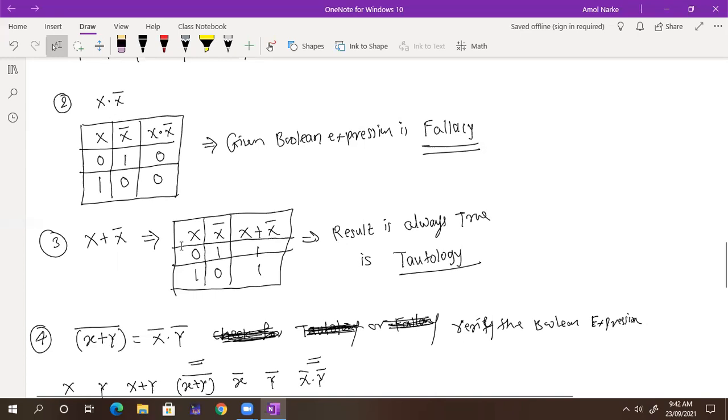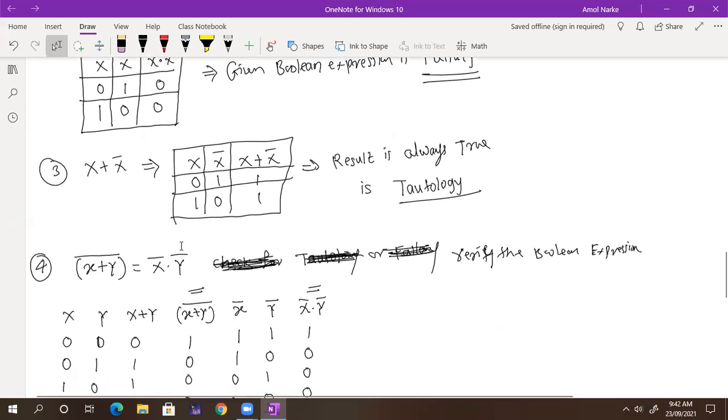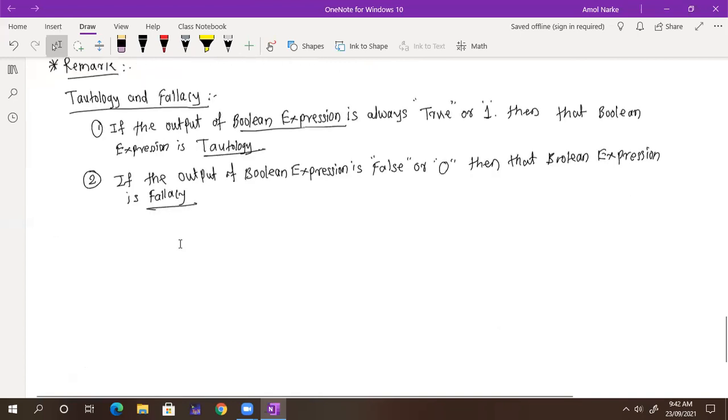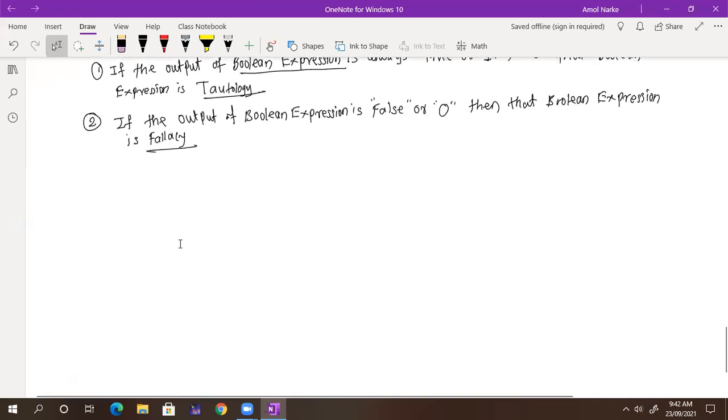Now the next question. Check for tautology.